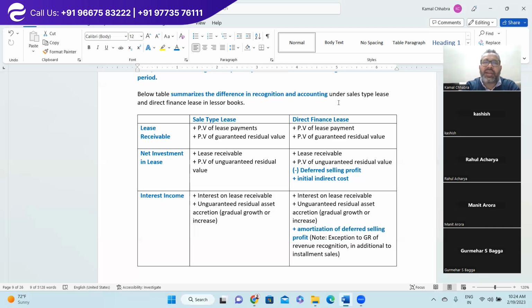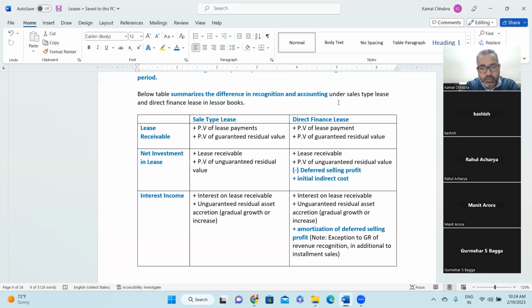So today, your lease receivable is $100,000 plus $10,000, which is the guaranteed residual value from the lessee. However, after 5 years, the market value of the asset, if you sell to any other third party, you will be in a position to receive $30,000, which has a present value of $15,000, right?